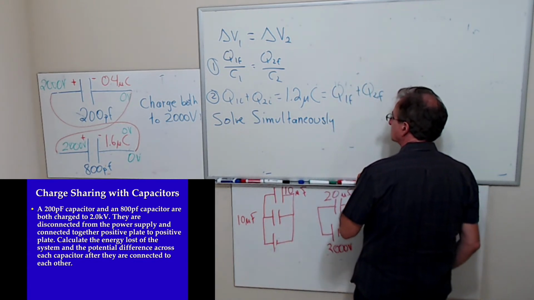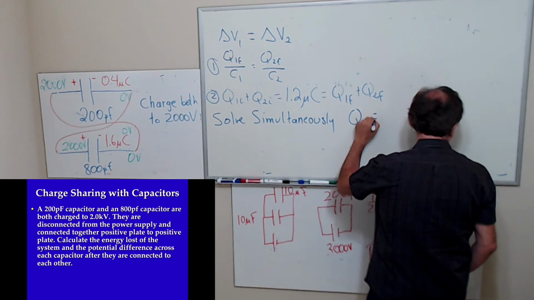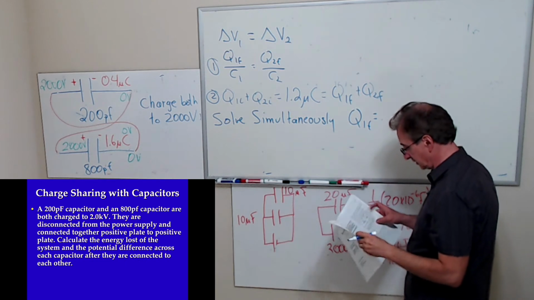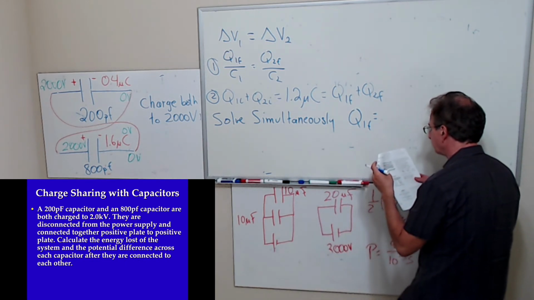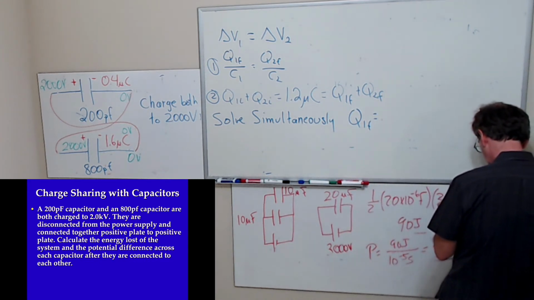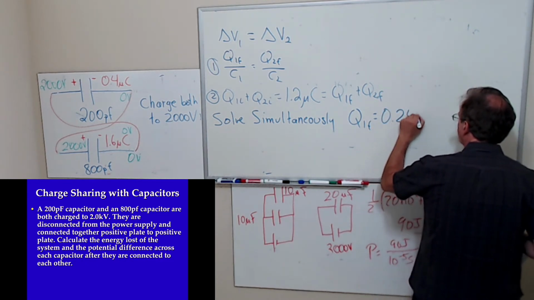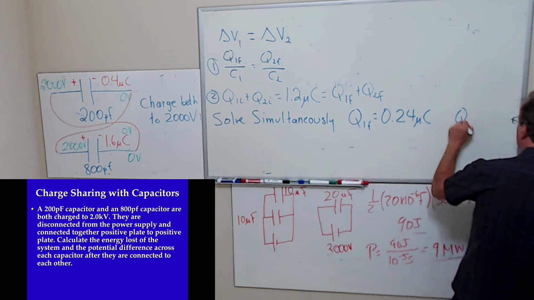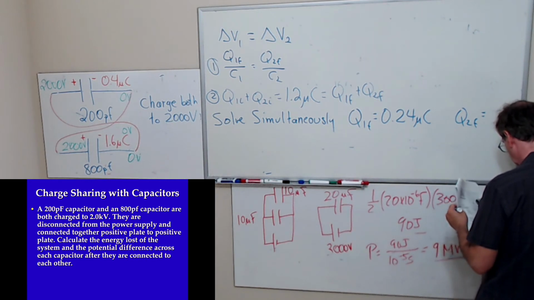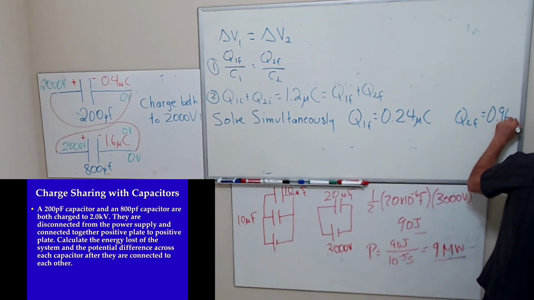Okay, if I solve simultaneously, and I'm not going to go through the algebra, that'll be an exercise for you because you'll have homework problems like this. You get Q1 final is 0.24 microcoulombs, and Q2 final is 0.96 microcoulombs.